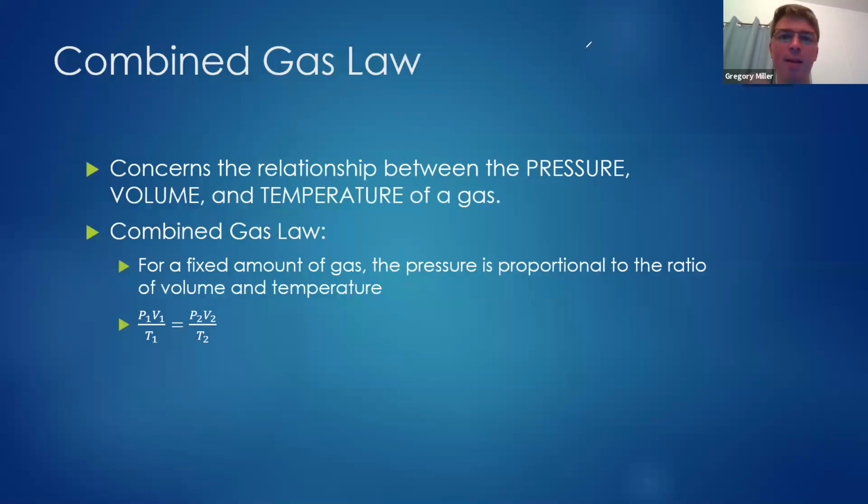So somebody realized if we take all of these named gas laws, Boyle, Charles, and Gay-Lussac's, all of these can be combined because they're all using the same variables with the same relationships into a combined gas law.